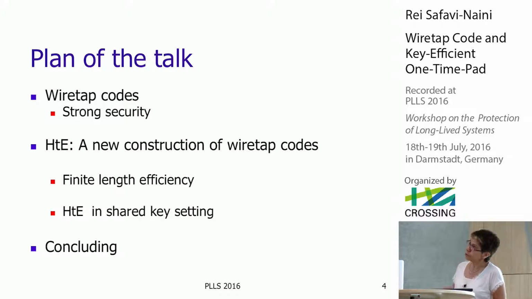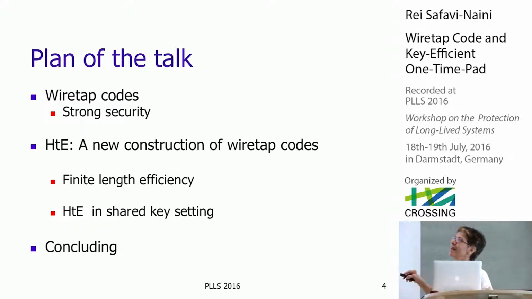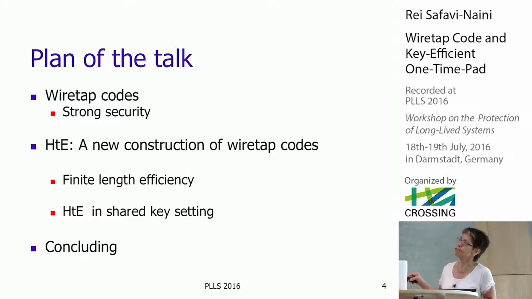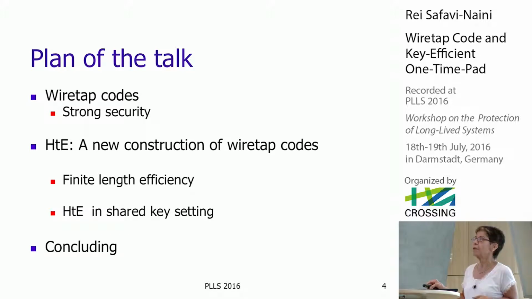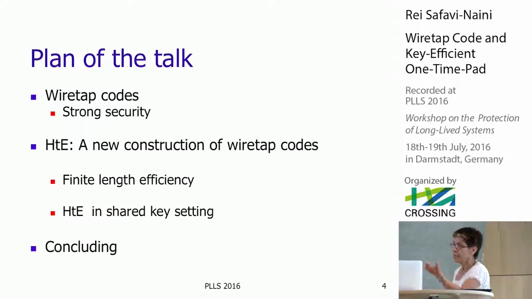So for this talk, I'm going to look at a particular wiretap code, which we call hashed encode. It's a new construction. I'm going to focus on finite length efficiency because, as I said, the traditional wiretap codes are asymptotic evaluations. So we look at finite length efficiency, then we look at how we can use this system in a shared key setting, and then some conclusions.